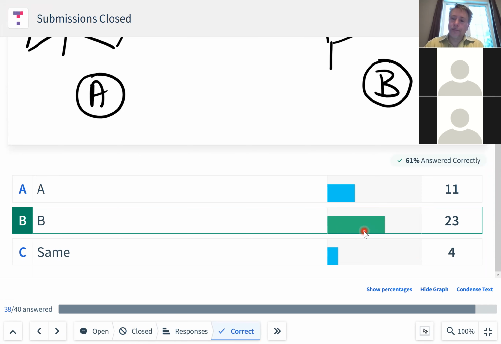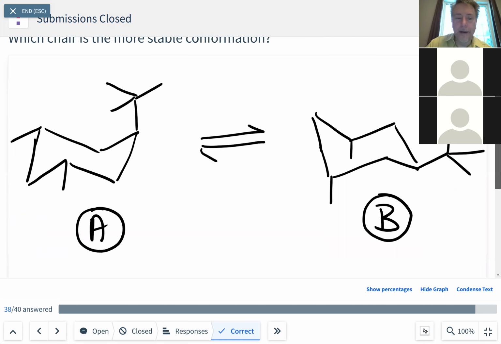So typically the destabilizing energy values vary as the group gets larger and larger. But for most of the stuff that we're doing in this class, you can just count the number of axial substituents on each conformer, and the one with the least would be the lowest energy. The big exception, of course, is the tert-butyl group. And the value for these energies is called the A value.